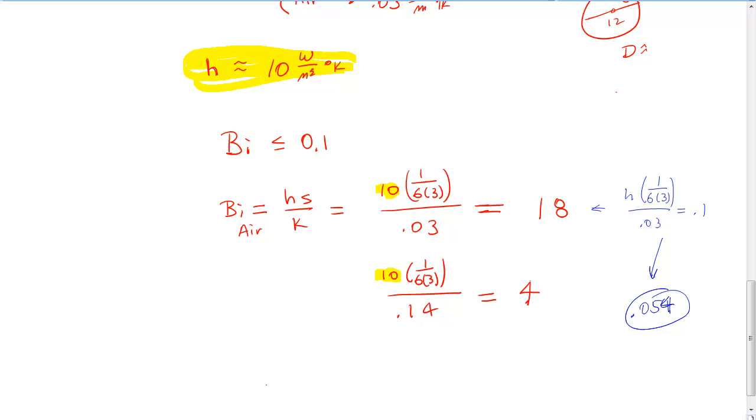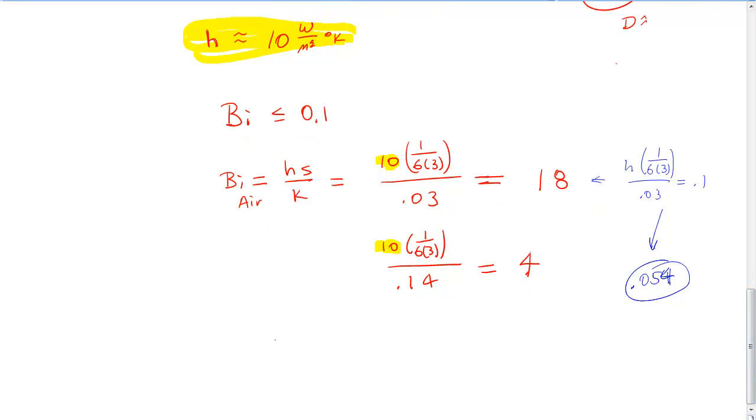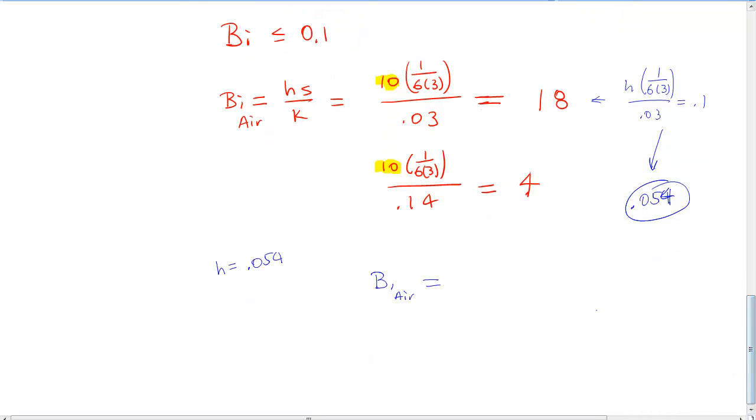So for air, if in both cases I had 0.054, then the Biot number for air would be somewhere in the range of 0.1.